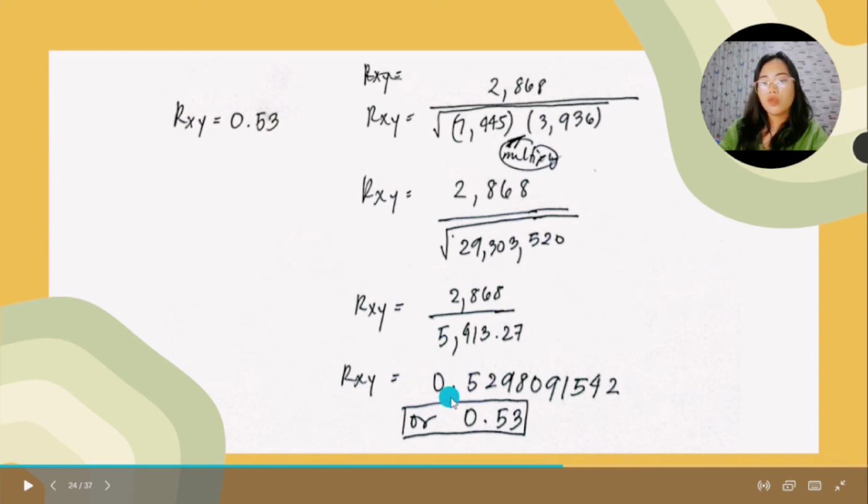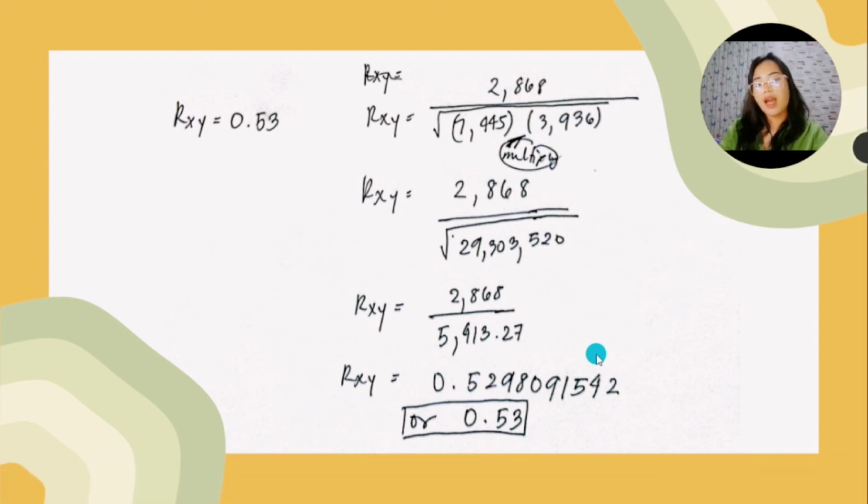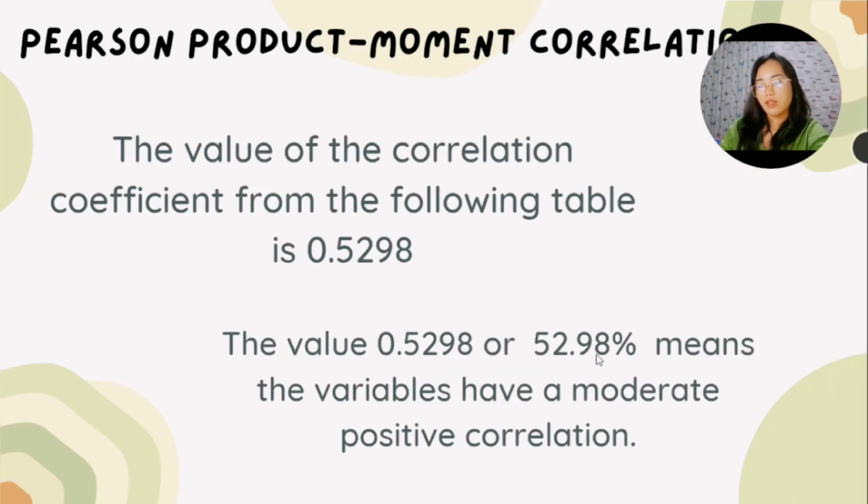But what we're going to use here is the four decimal places, so 0.5298 is the correlation value.